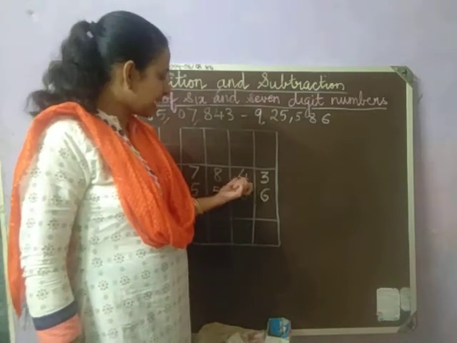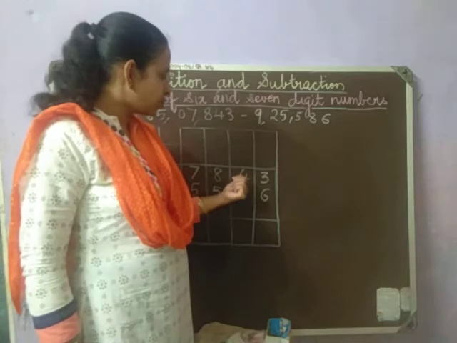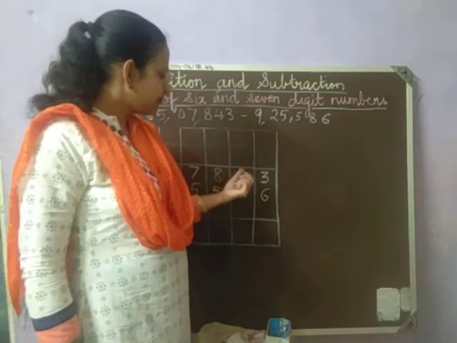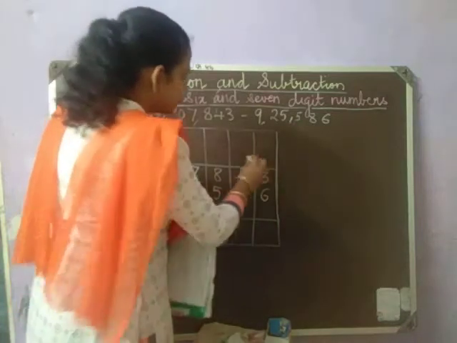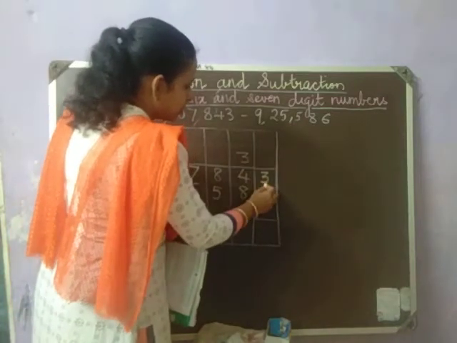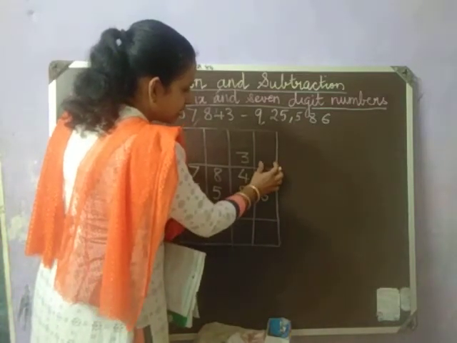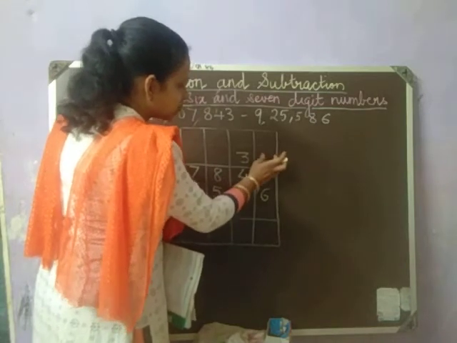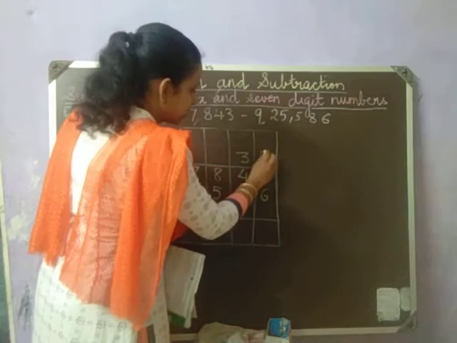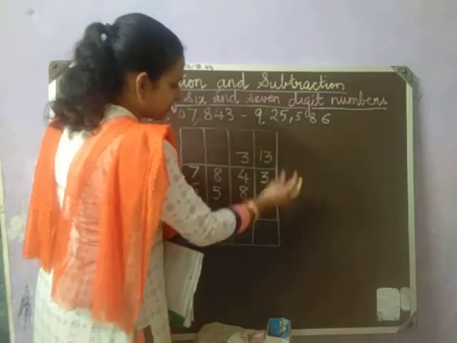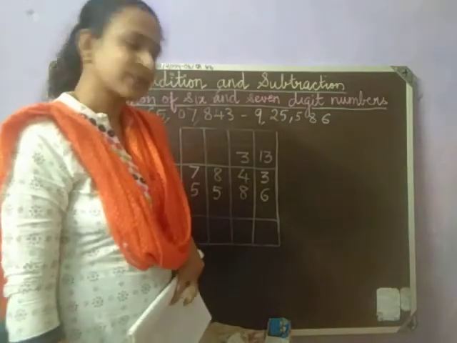So in tens place we have 4. Once we borrow 1 from here, this becomes 4 minus 1, that becomes equal to 3. And here, once we borrow one number from tens, we are adding it to 3. So 10 plus 3 becomes 13. So from 13 we can subtract 6 easily.